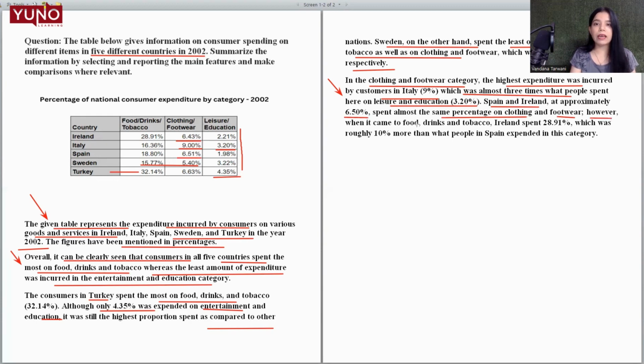However, when it came to food, drinks, and tobacco, Ireland spent 28.91%. Again, we are comparing these two nations only, Spain and Ireland. So Ireland spent 28.91%, which was roughly 10% more than what people spent in Spain, where people spent around 18.80%.